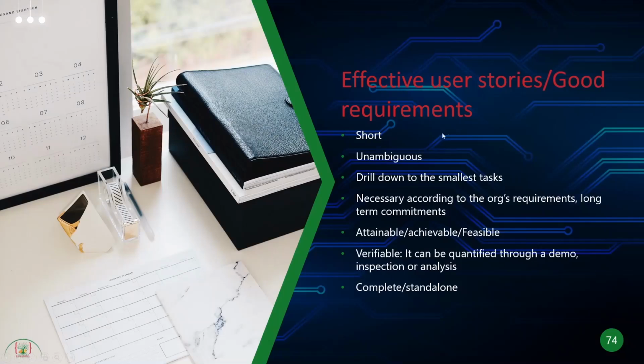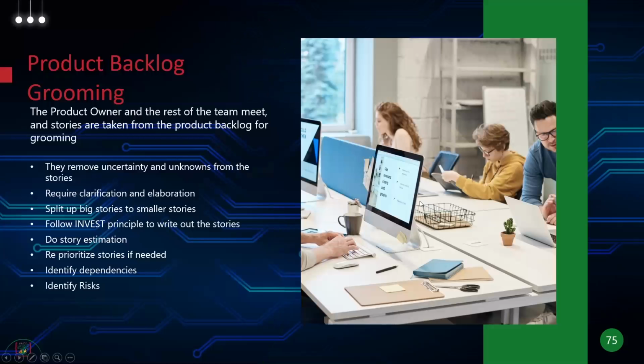So again, I don't want to drain the slide. Make sure the story is short, unambiguous, attainable, and can be standalone. And then, we talked about the product backlog grooming as well. What are the advantages? They'll remove any uncertainties and unknowns from the stories. If you need any clarification or elaboration, they will help you in that.